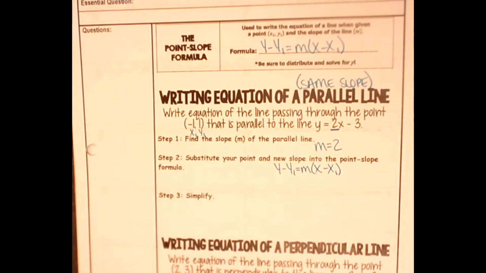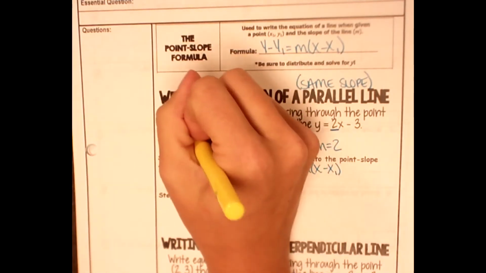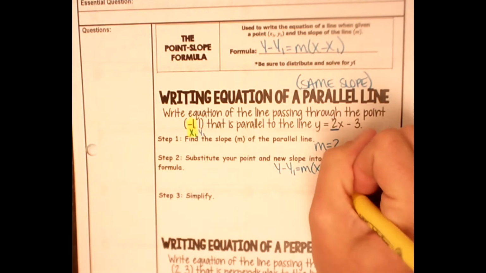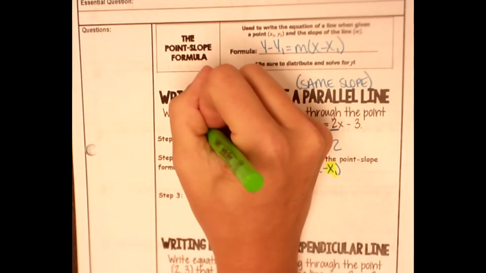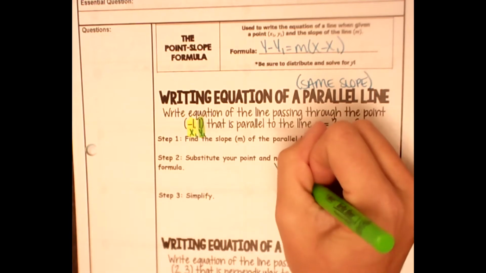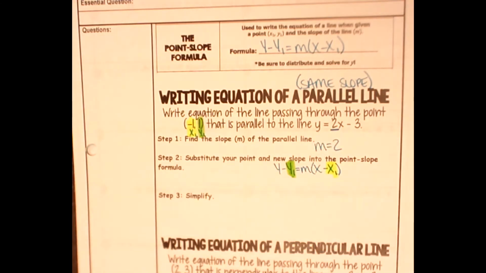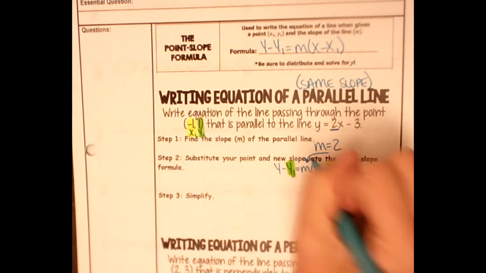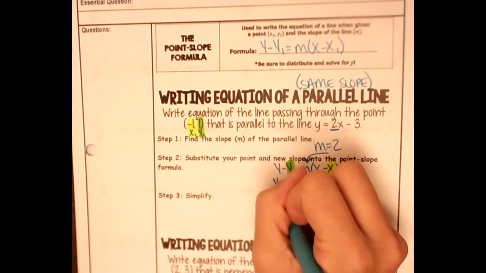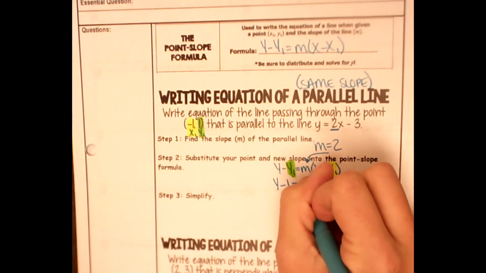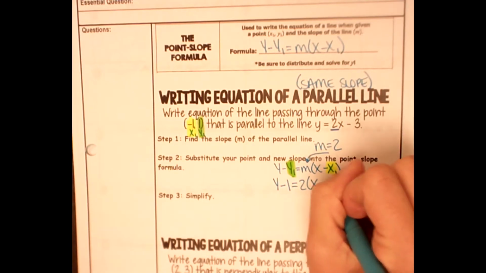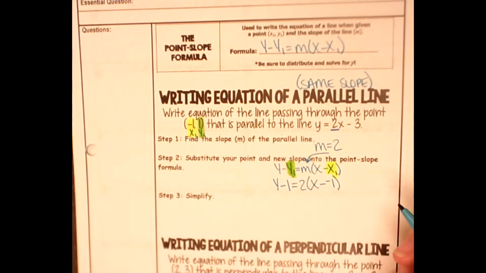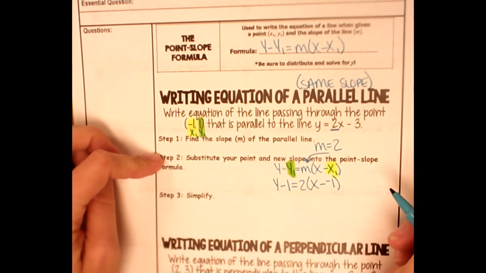So I'm going to substitute the x1 into this part of the equation and the y1 into right there. My new slope will also be substituted in. So it's going to be y minus 1 is equal to 2 parentheses x minus -1. That was step 2. We substituted our points in.